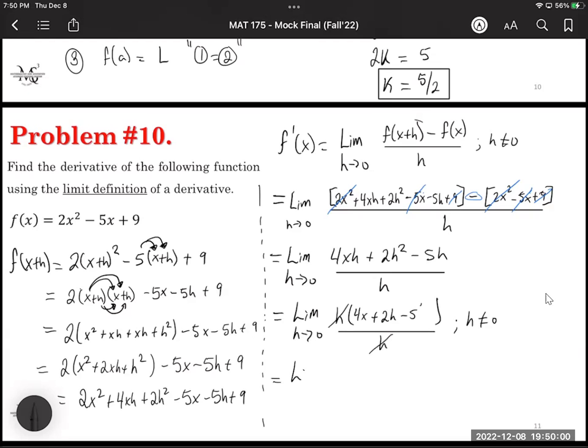And now you're ready to evaluate your limit. You have the limit as h approaches 0 of 4x plus 2h minus 5. As h approaches 0, the 2 times h, or 2 times 0, becomes 0. And you're left with 4x minus 5. And that is precisely the derivative of this function.